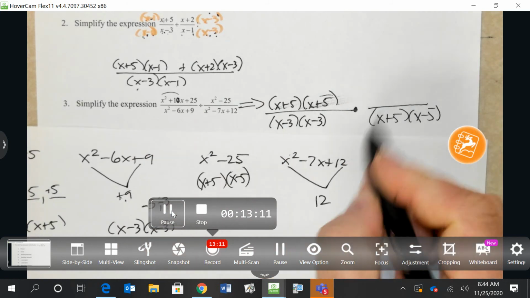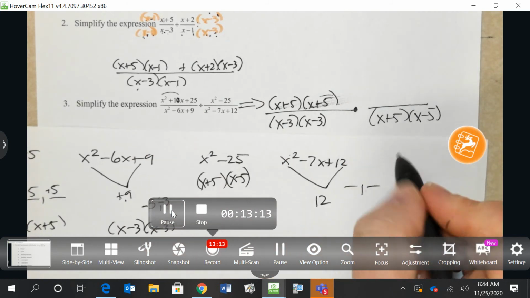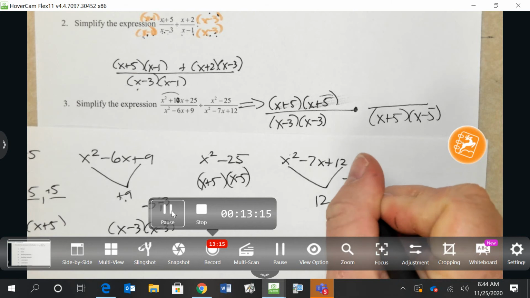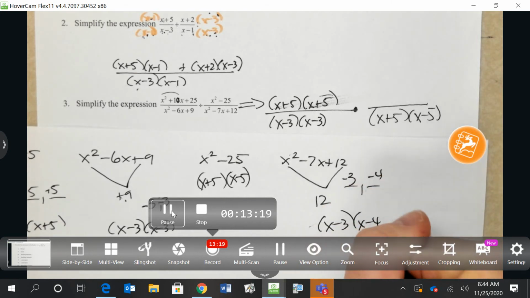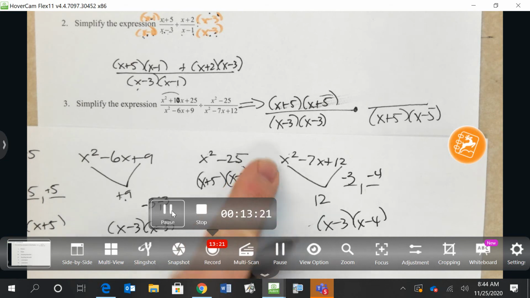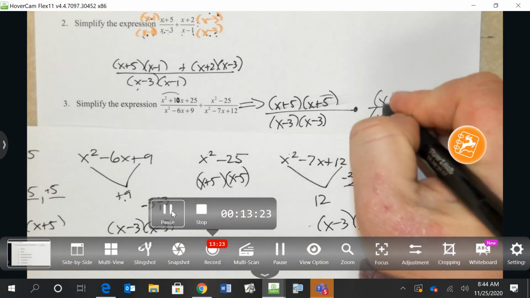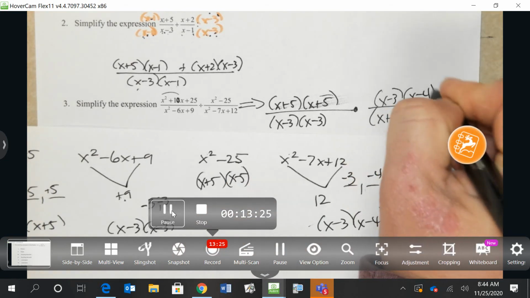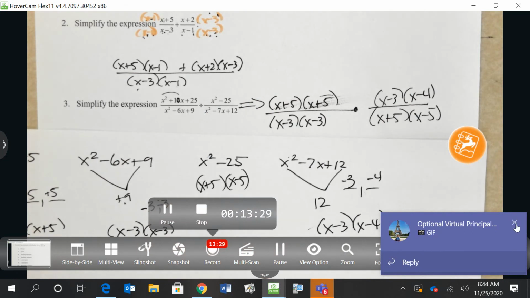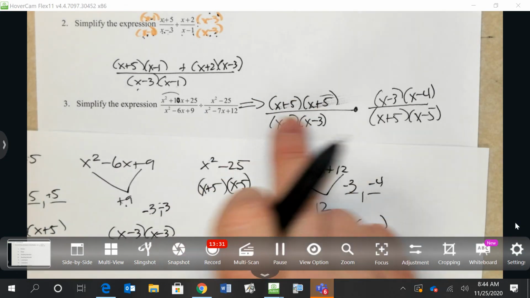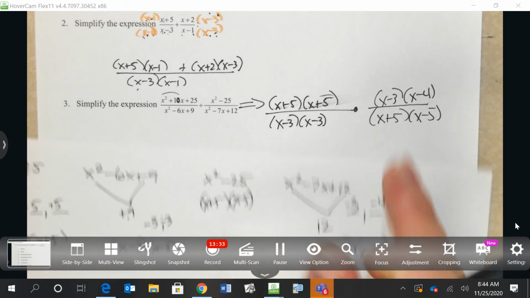What multiplies to equal 12 and combines to equal negative 7? Negative 3 and negative 4. And just like the other trinomials, because the leading coefficient is a 1, I don't have to worry about a bottoms up. And similar to the last part, this was in the denominator, but it gets switched to the numerator when we go from division to multiplying.